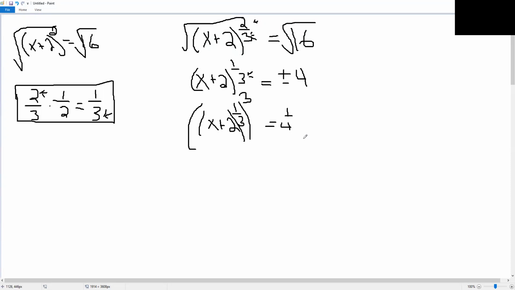This is plus or minus 4 to the power of 3. That's one way to think about it. And this would just end up being x plus 2 equals plus or minus 64.